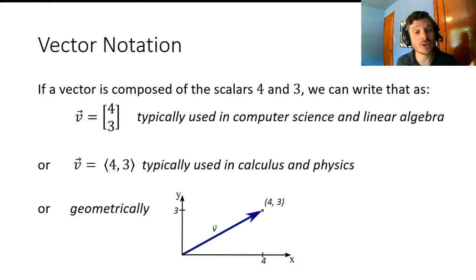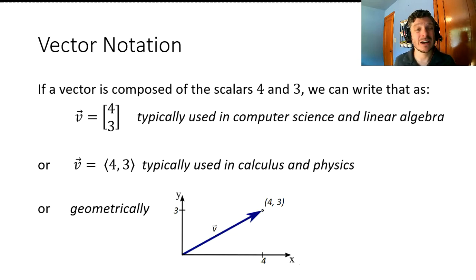And then, of course, there's also the physics and the geometrical meaning where, like I said, vectors have a magnitude and a direction, and so the vector 4, 3 points to the ordered pair 4, 3 in my two-dimensional coordinate plane. And so again, we represent that as an arrow. All of these are valid.